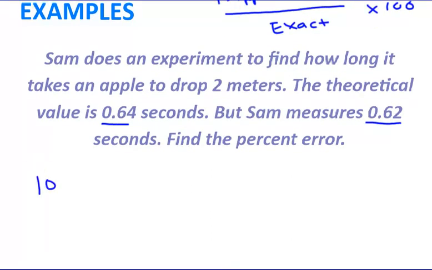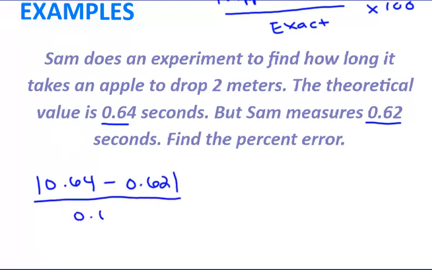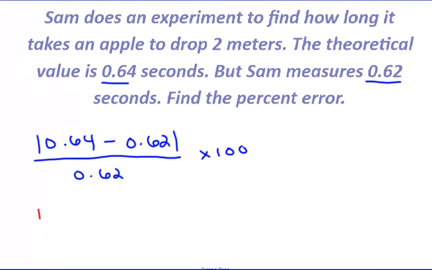So we're going to have 0.64 minus the actual value, which was 0.62, and all of that over the exact value, which is 0.62 times 100. So when you do 0.64 minus 0.62, you're going to get the absolute value of 0.02, which is just simply 0.02.